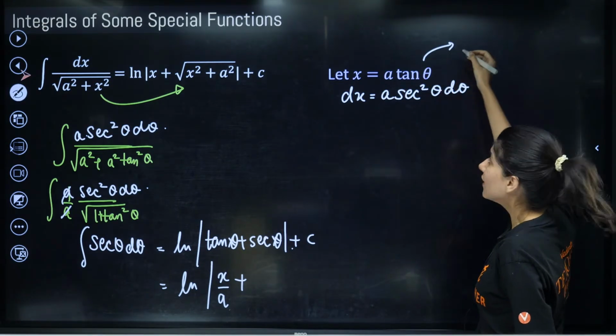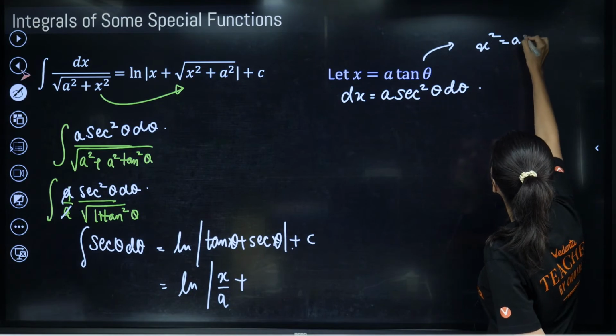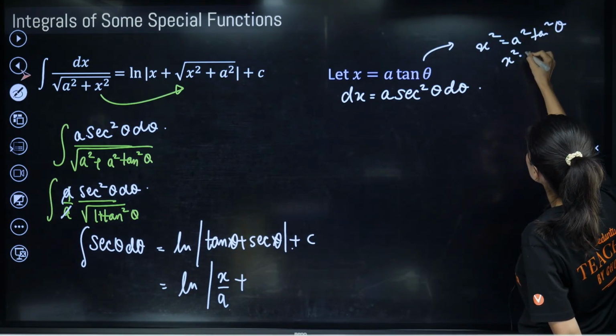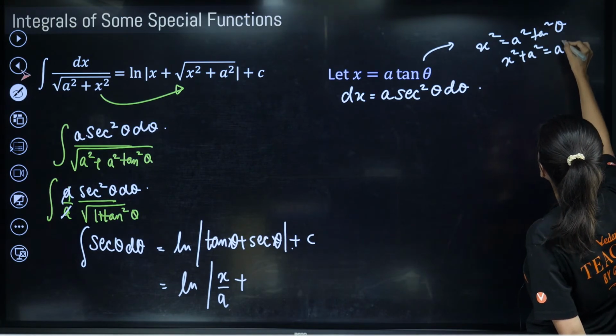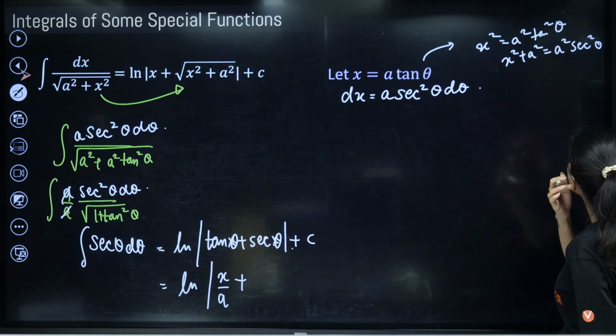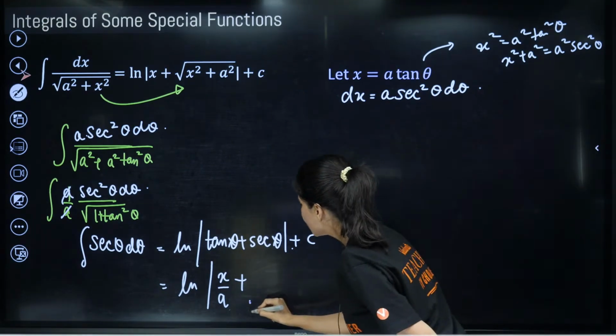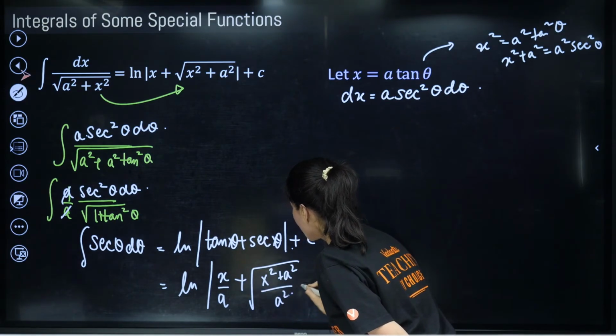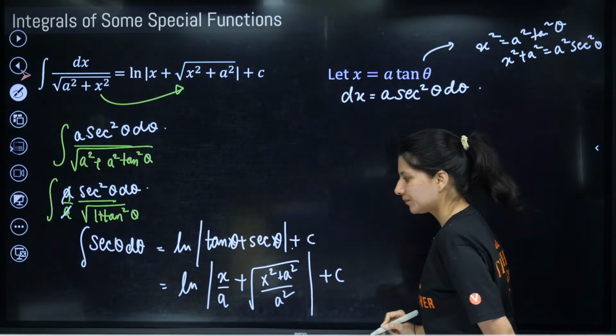Let's square: x square equals a square tan square theta. Let's add a square on both sides, so it is a square sec square theta. So sec theta is square root of x square plus a square, upon a.